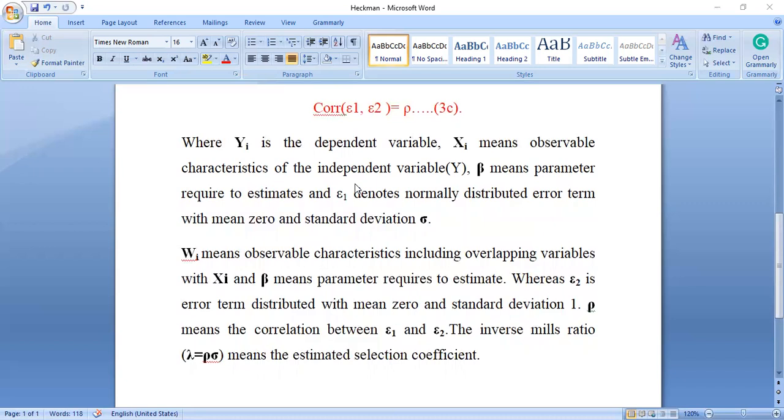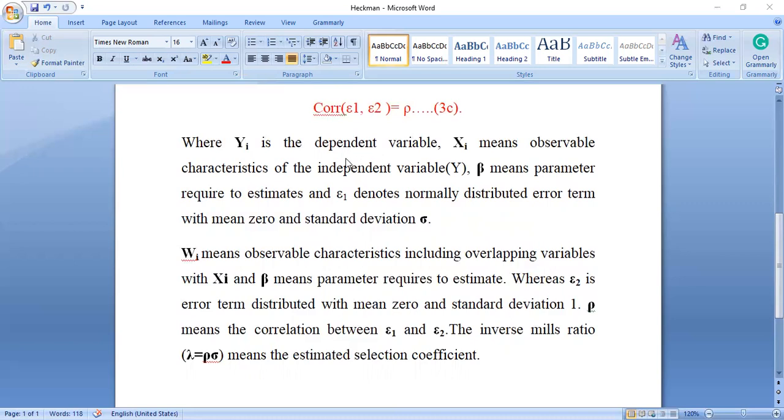If lambda is significantly different from 0, then we can accept that the model is fit to explain.